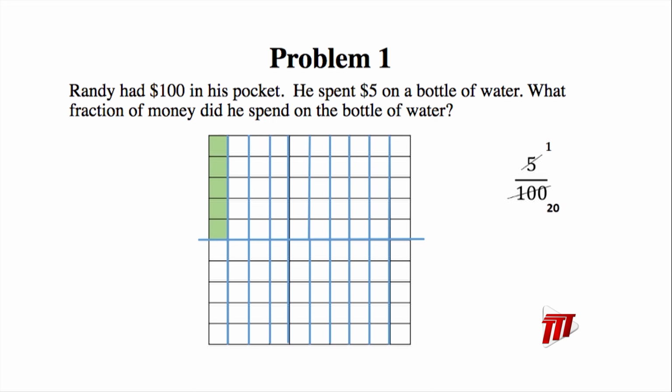If you look carefully on the grid, you will see the grid is also divided into 20 parts. So this one whole part here represents 1/20th, or 5/100ths. So 5/100ths is equal to 1/20th.